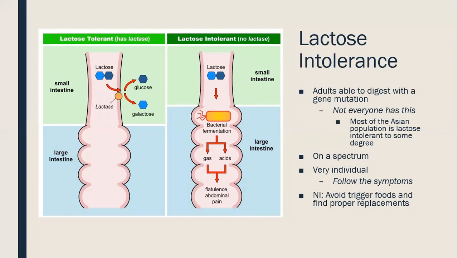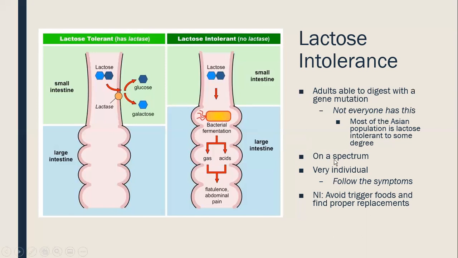So for the majority of time going through, we didn't have the enzymes continue to be produced in adulthood. And this is very evident in the Asian population, where we see that lactose intolerance is very common. In fact, the majority of the population has it because they just didn't start to drink milk to a degree like we do in the West.